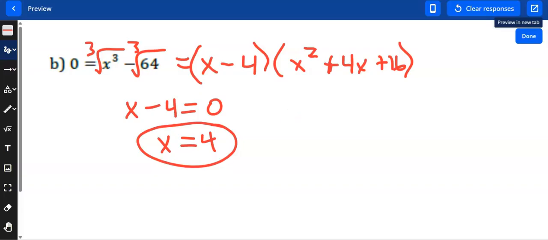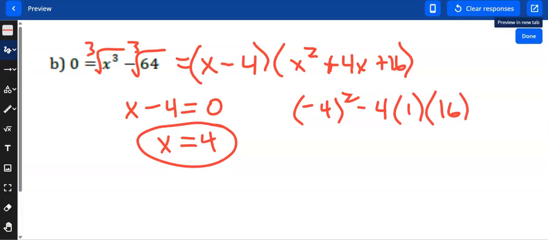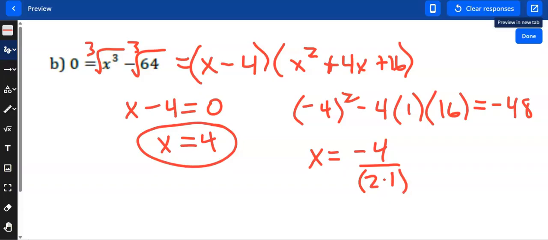And we can go straight to the quadratic formula here, b squared minus 4 times the a value times the c value. That is negative 48. So, opposite of b over 2 times a plus or minus square root, let's see, negative 48 can be broken up into negative 16 and 3 left over.